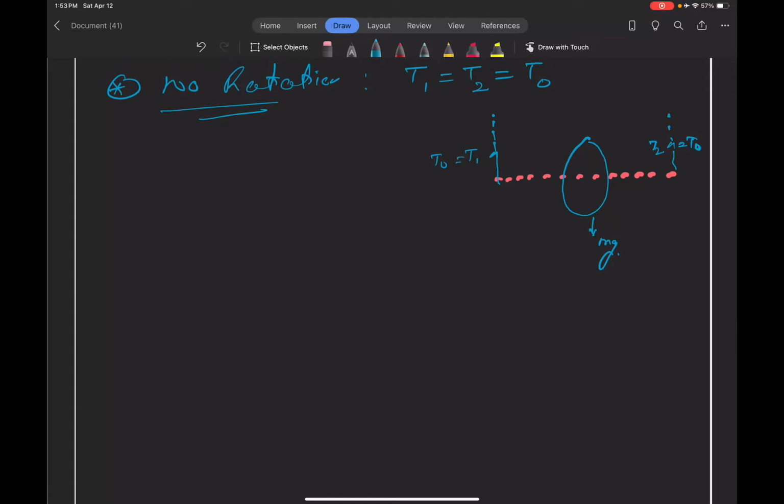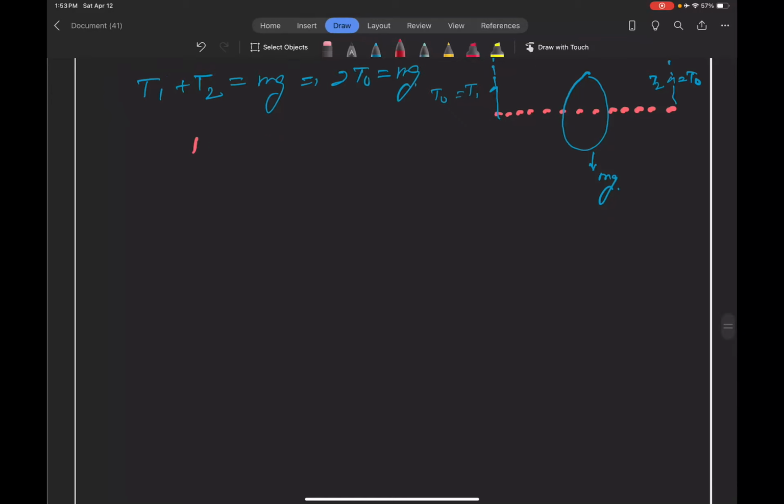So under no rotation and the system in equilibrium, T1 plus T2 will be equal to mg, or twice T naught will be equal to mg, and from here T naught will be equal to mg by 2. So this is the tension when there is no rotation.